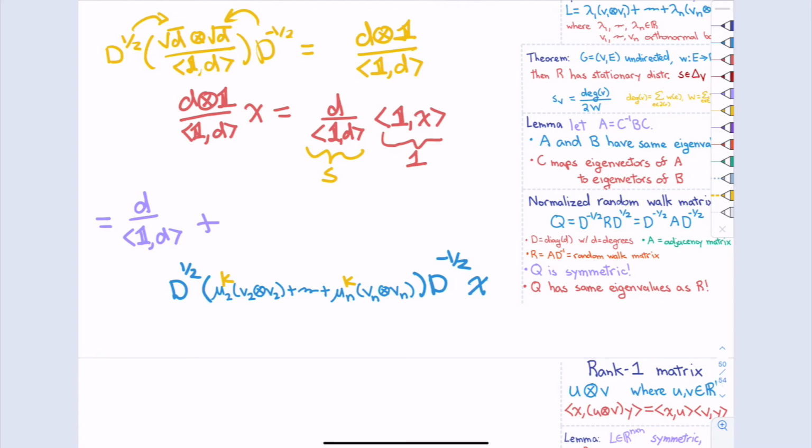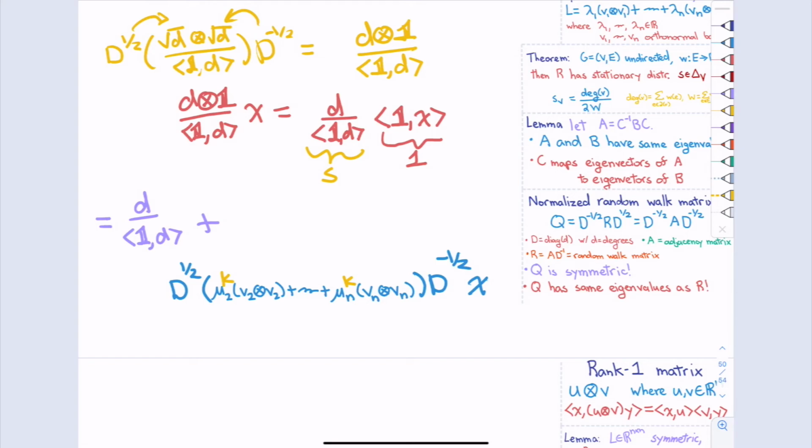We want to argue that these leftover terms are relatively small, as long as all the values mu2 through mu(n) are well within the range -1 and 1. Let's say everything is between -1/2 and 1/2, so very far away from the extremes.